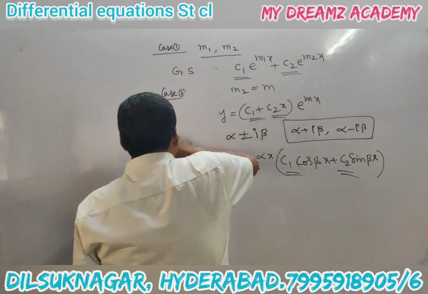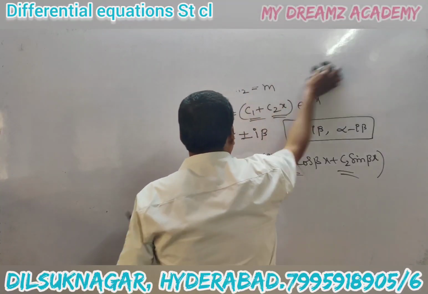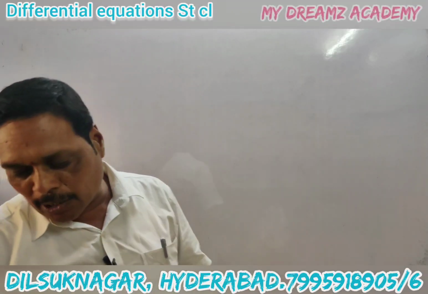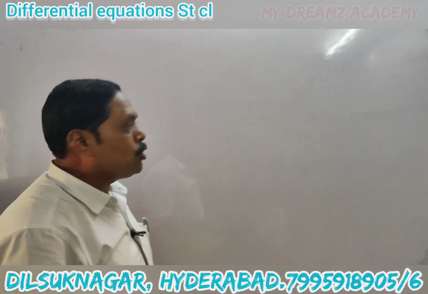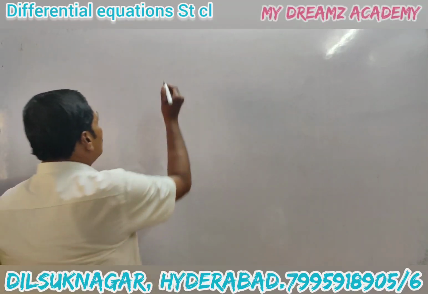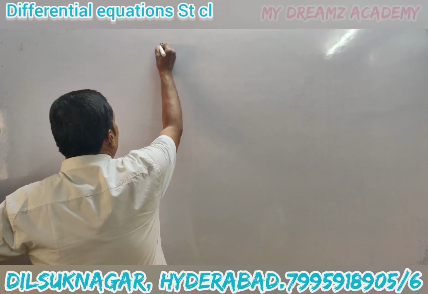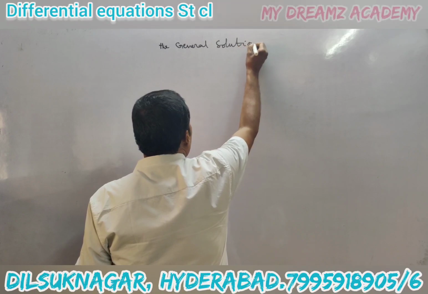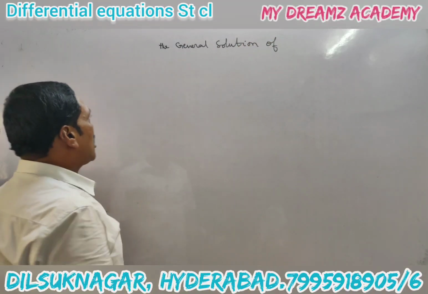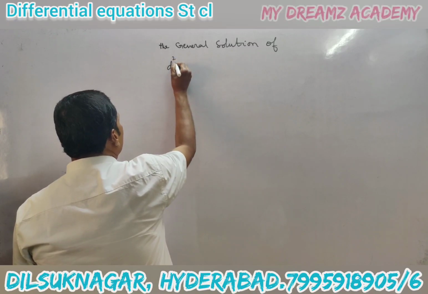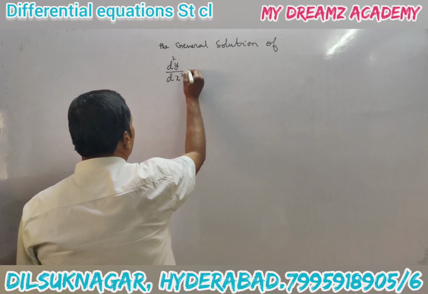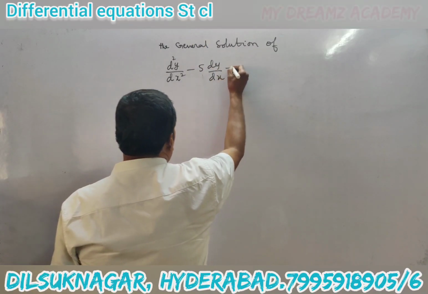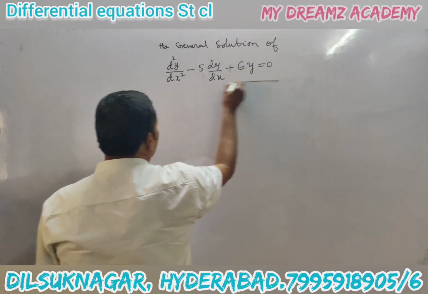Okay. Now in this we will see 1 or 2 problems which are very important for ESET. Compulsorily 2 or 3 questions you will get from this. Okay. The general solution of d square y by dx square minus 5 into dy by dx plus 6y is equal to 0.